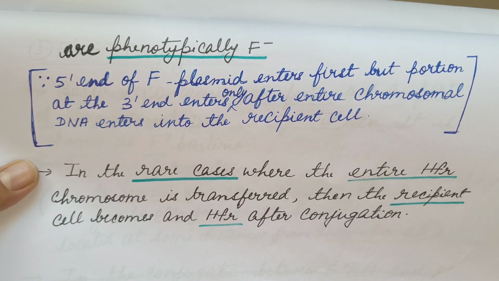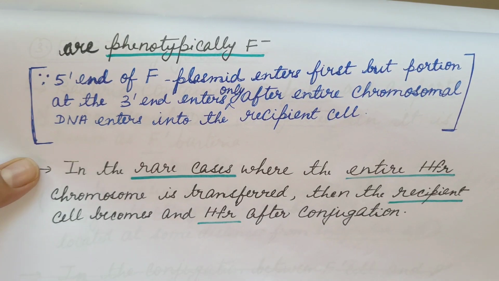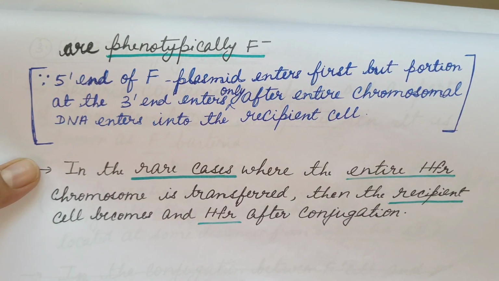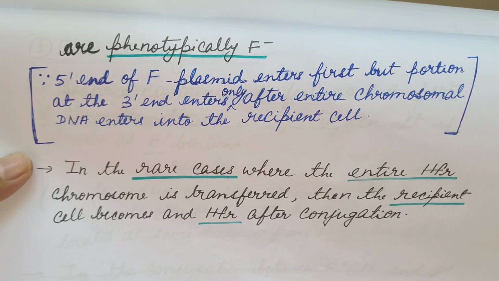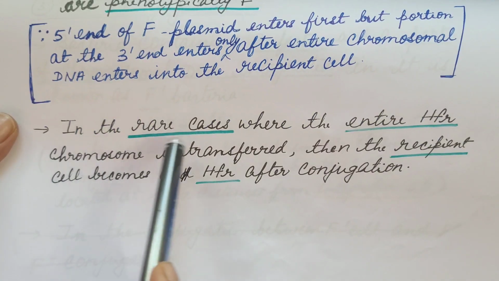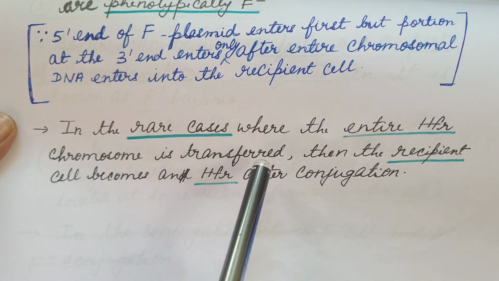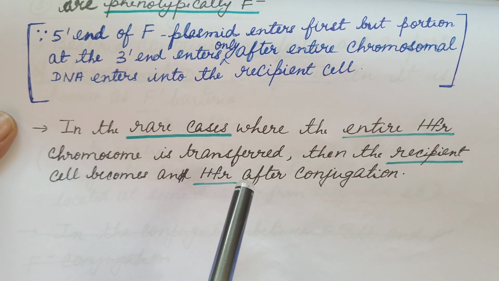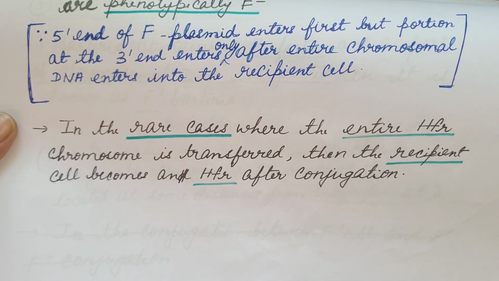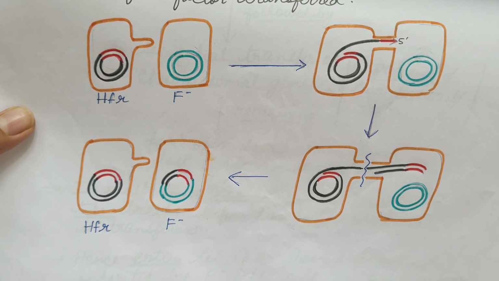Since the conjugation tube and chromosome break before the entire F plasmid is transferred, these cells are phenotypically F minus. In the rare cases where the entire HFR chromosome is transferred, the recipient cell becomes an HFR after conjugation. Now let us understand conjugation between HFR cell and F minus cell.